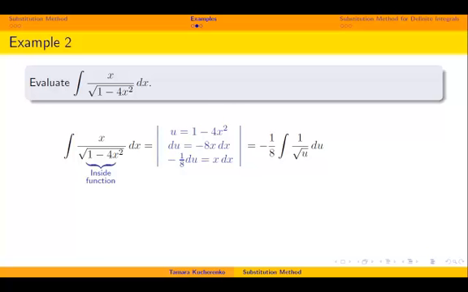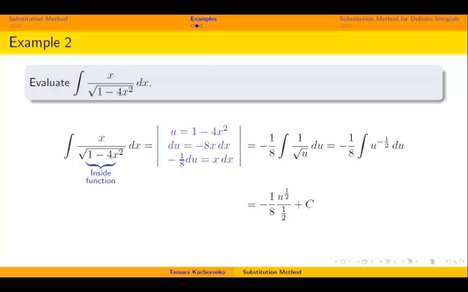Now our task is to find an antiderivative of 1 over square root of u. We rewrite this integral as negative 1/8 integral of u to the negative 1/2 du and use the power rule to get the antiderivative negative 1/8 u to the 1/2 over 1/2 plus c.